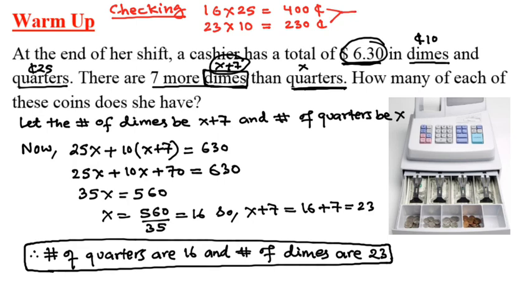Now if you add these two, 400 cents plus 230 cents is 630 cents, which is the same as $6.30, which matches with what was given in the problem. So our answer of 16 quarters and 23 dimes is correct.